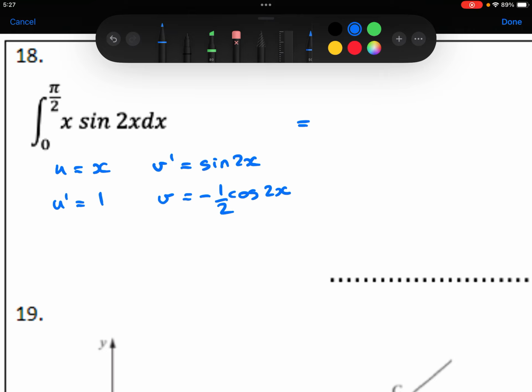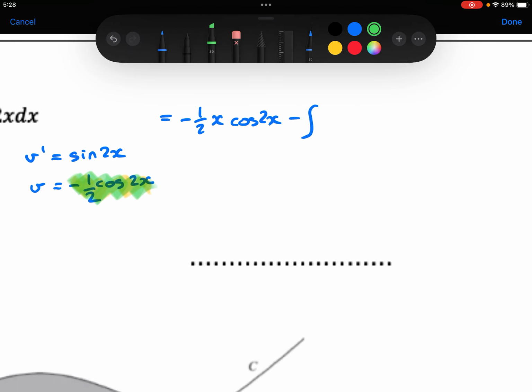Applying the by parts formula there, we've got u times v, so minus a half x cos 2x, minus the integral of u dash times v. So 1 times minus a half cos 2x. I notice I've got a minus and a minus here, so that's going to simplify and just be a positive.